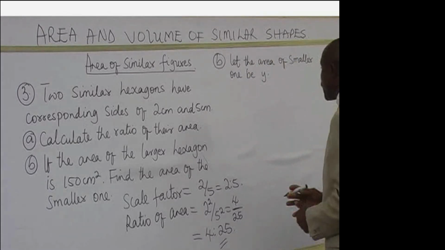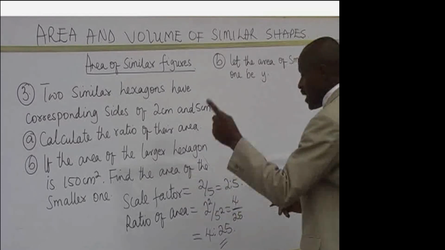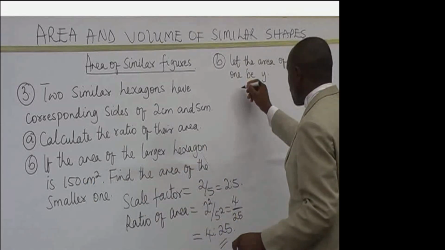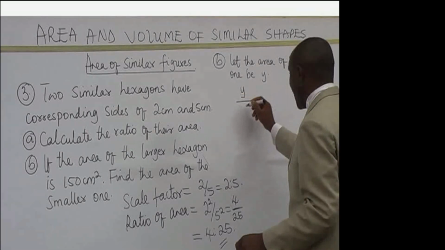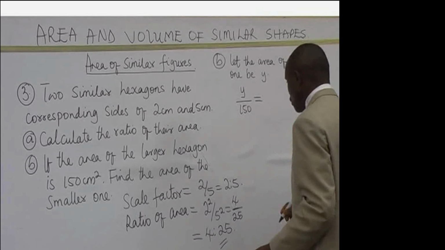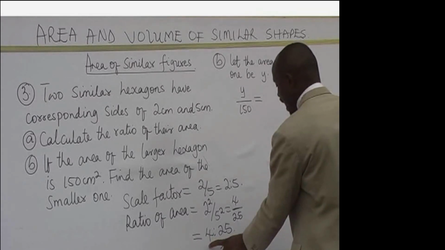Let's use Y now. Area of larger one is 150. So area of smaller one, which is Y, divided by area of larger one, which is 150, will be equal to their area factor.